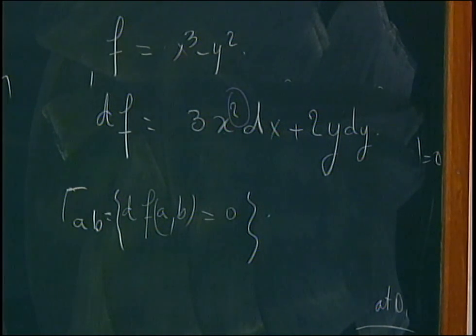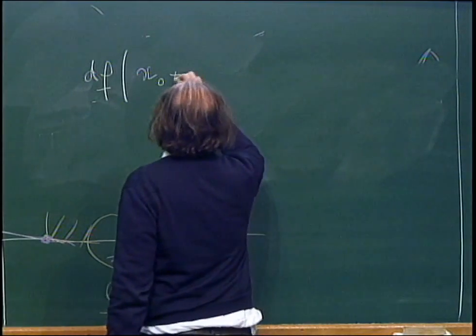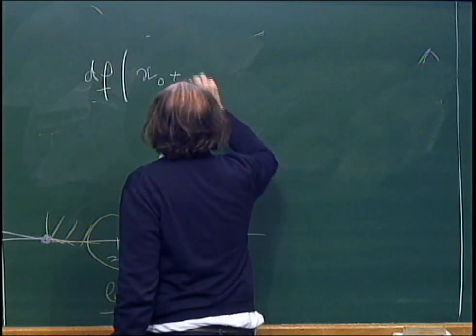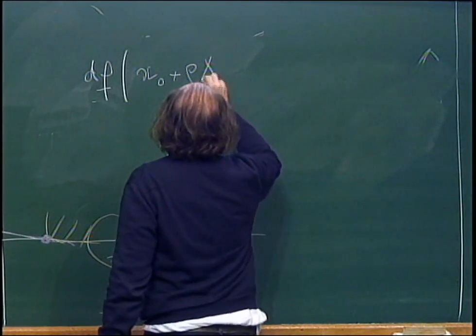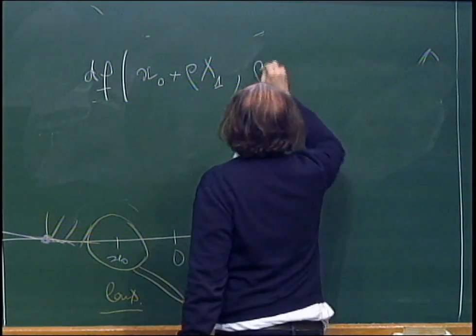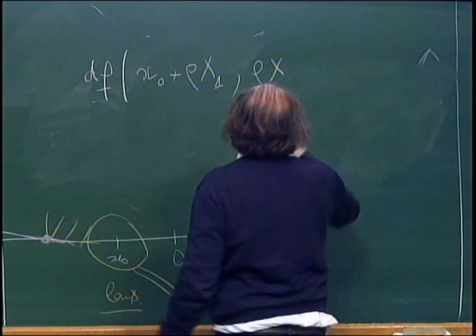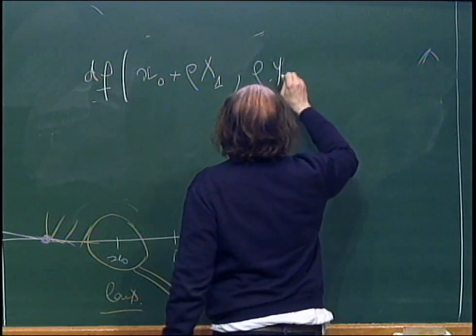So now I have df of, I choose a point, x0, and I choose a ratio, rho, and let's say x1, and the same ratio, which is the strength of the length, rho y2.